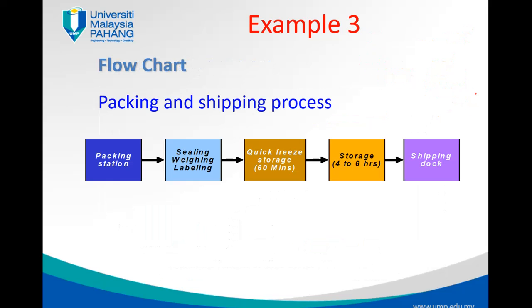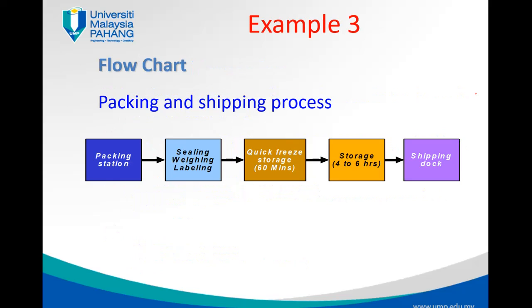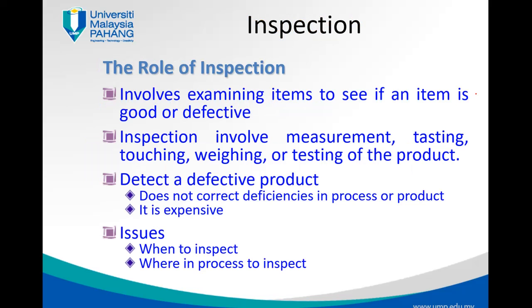Okay, this is the flow chart example, the packing and shipping process, and the role of inspection here. In this example we have the packing station, sealing, waiting, labeling, quick freeze storage, and the shipping dock. Then inspection here.